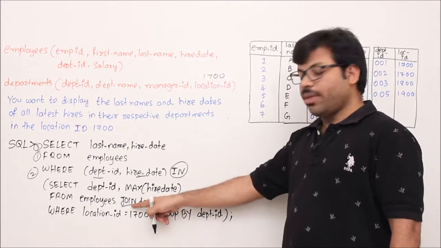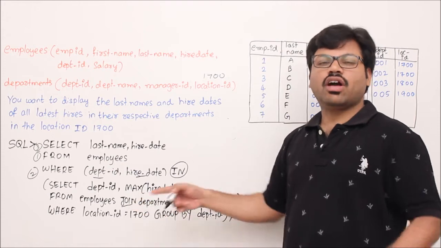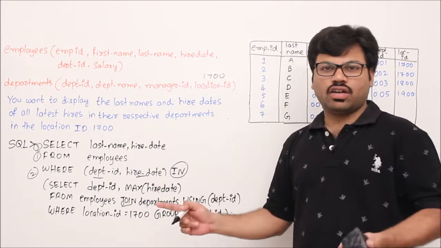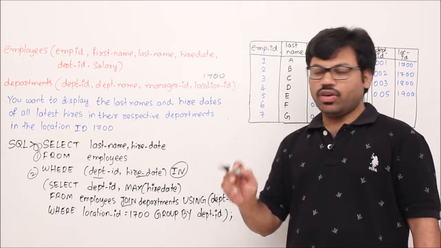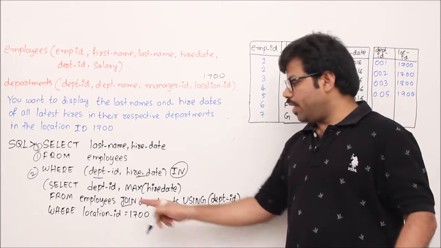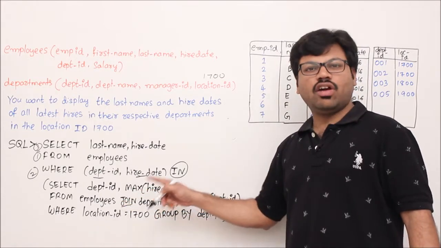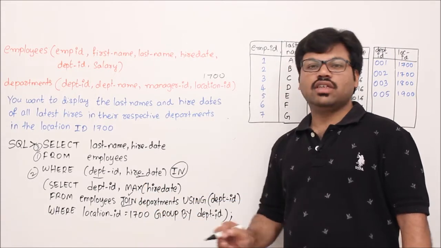If they don't mention whether it is left, right or full outer join, we can't say it is an outer join. So whenever they write join, it is definitely inner join. Only for inner join they write just join. If it is outer join, they should mention whether it is left join or right join or full join. That's the reason. So I can say that this join is inner join.